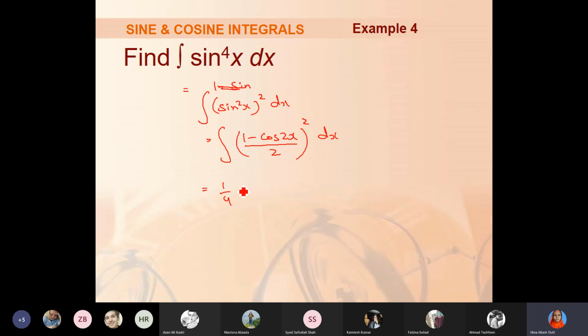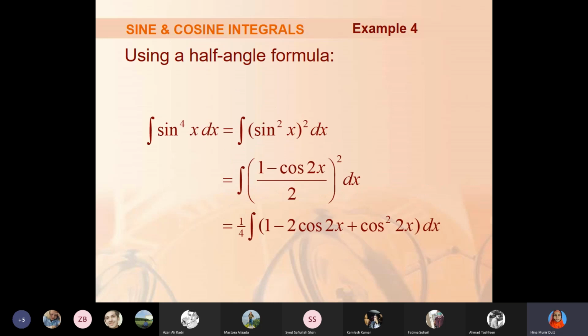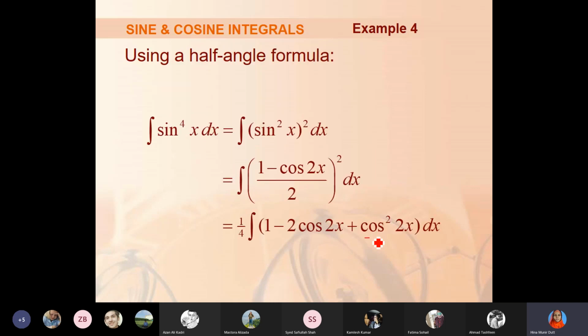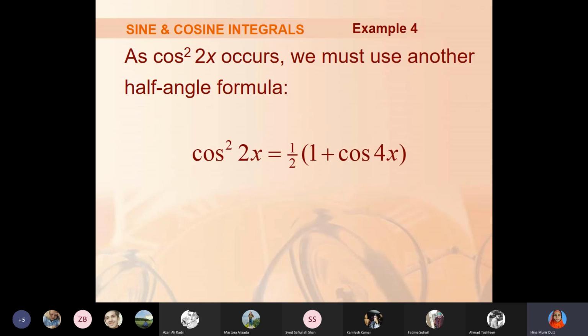This becomes 1 over 4 (1 minus 2 cos of 2x plus cos square of 2x). Again I have to apply the half angle identity to this square and then integrate.